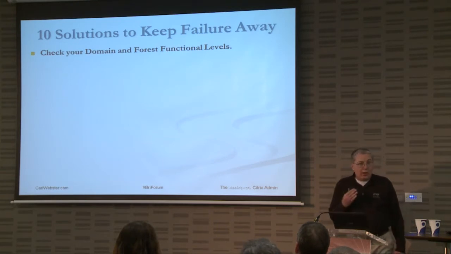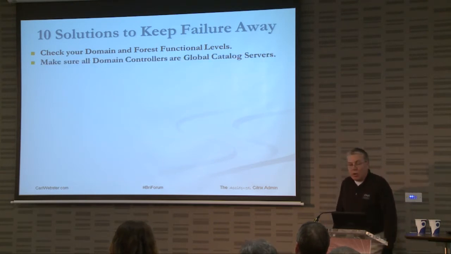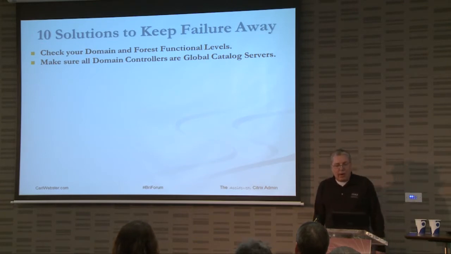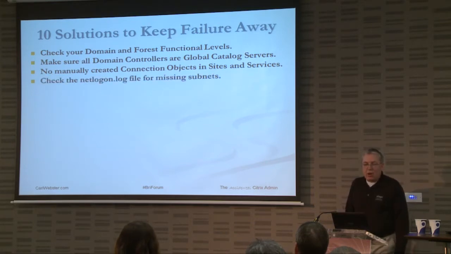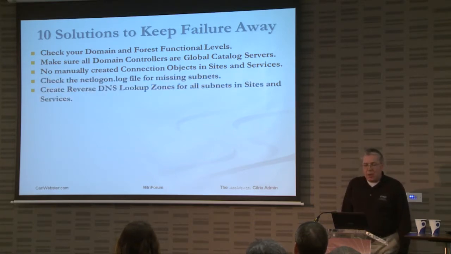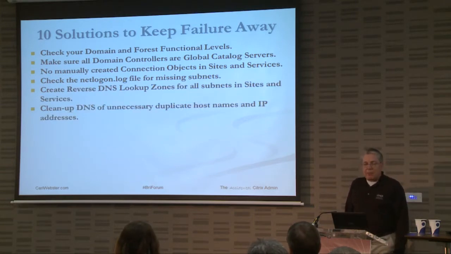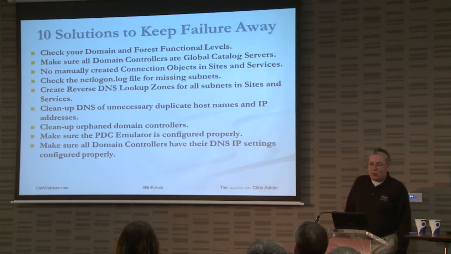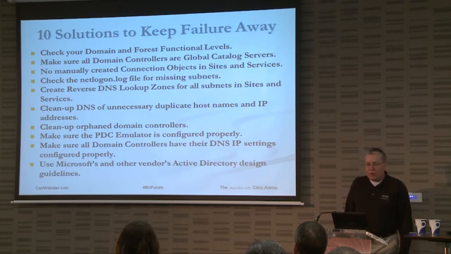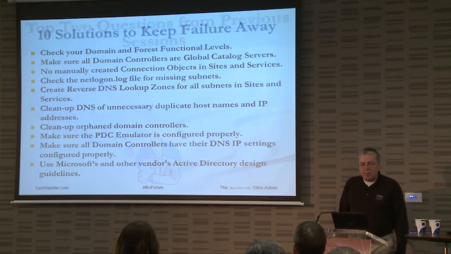We decided we were going to check our domain and forest functional levels, make sure all domain controllers are global catalog servers, no manually created connection objects in sites and services, check the netlogon.log file for missing subnets, create reverse DNS lookup zones for all subnets in sites and services, clean up DNS of unnecessary duplicate host names and IP addresses, clean up orphan domain controllers, make sure the PDC emulator is configured properly, make sure all domain controllers have their DNS IP settings configured properly, and use Microsoft's and other vendors' Active Directory design guidelines.